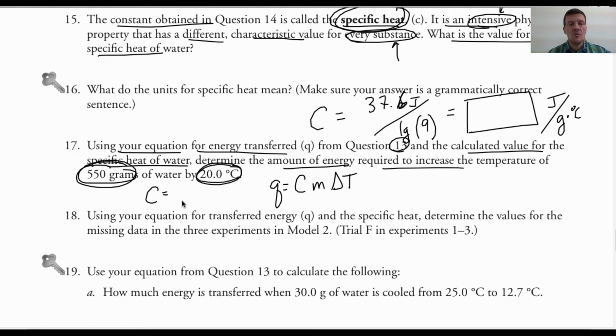The C value for water is 4.18 joules per gram per degree Celsius. So that tells us we need 4.18 joules of energy to raise a gram of water by 1 degree Celsius. You've got 3 values right here. Plug them in and solve for Q.